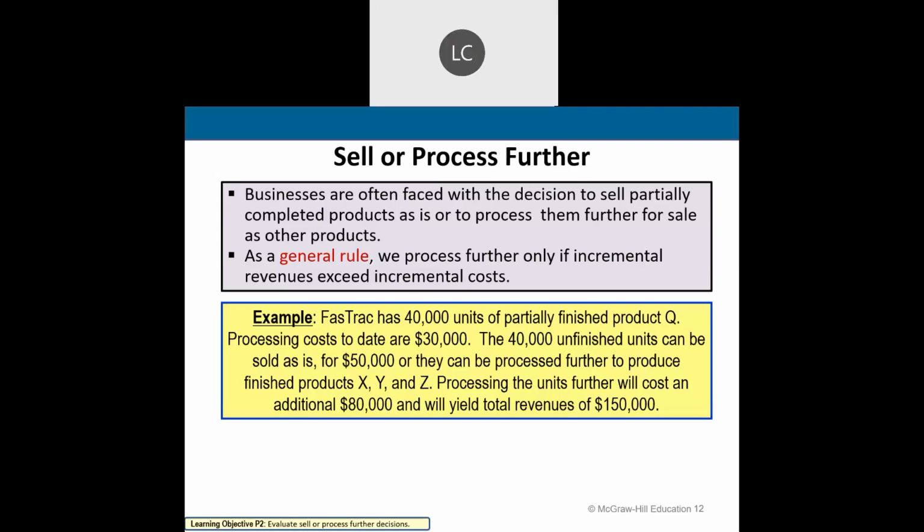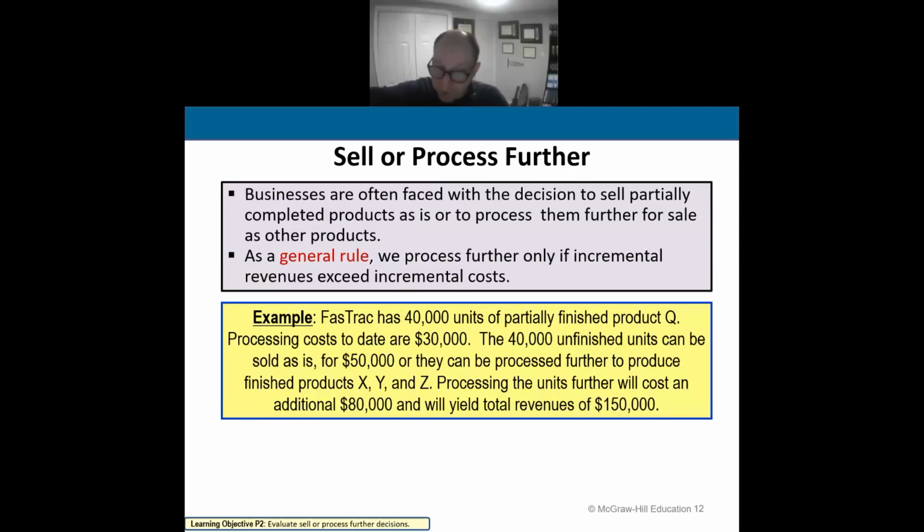So alternative two, my gross profit is 40,000, and alternative one, my gross profit is 20,000. Clearly, alternative two, processing it further, would be the right thing to do here.